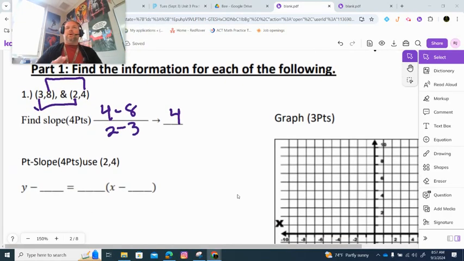Now, point slope. The number one question I have asked every time I've given y'all one of these handouts in both classes is where does the X and Y go on point slope?